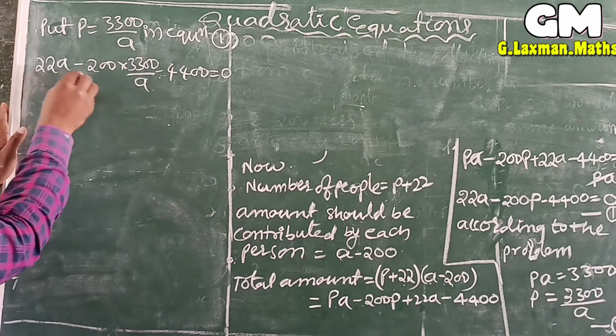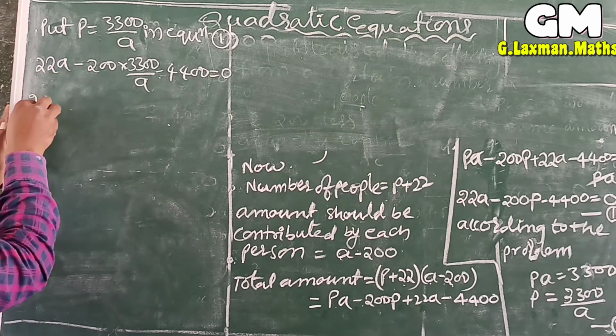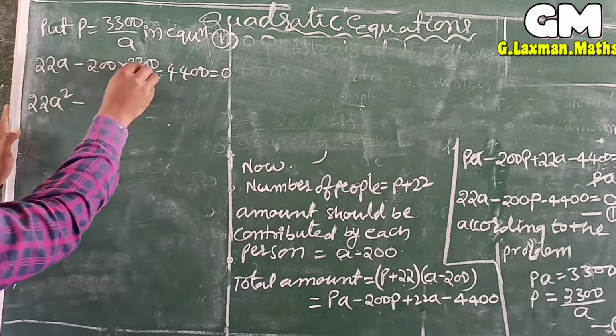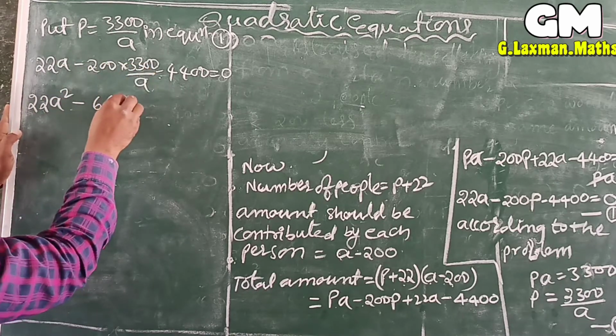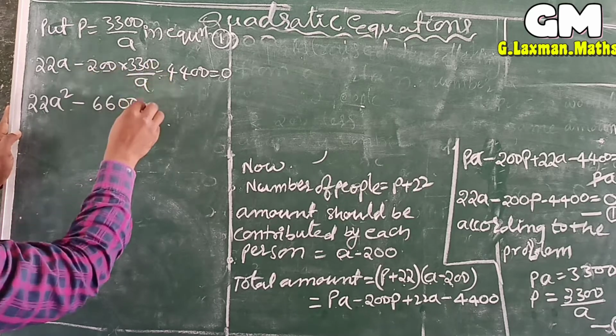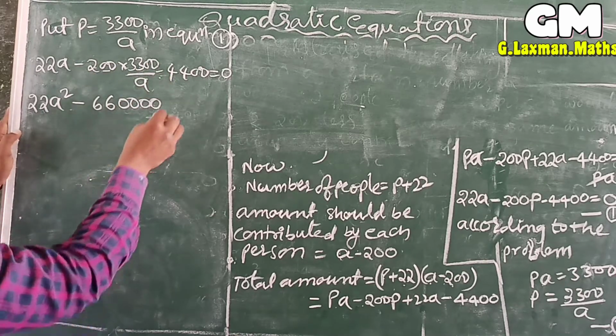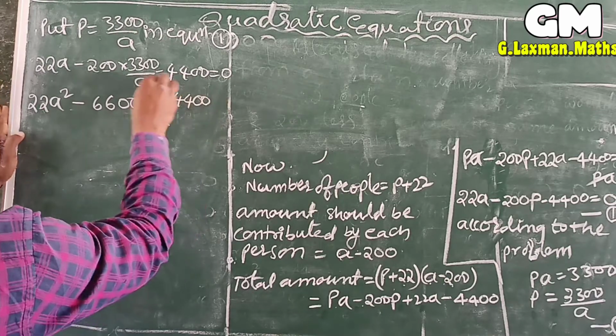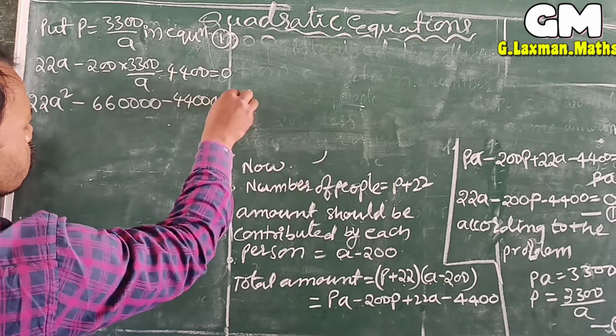Now multiply by A: 22A squared minus 2 threes are 66, and four zeros in total, minus 4400 into A is equal to 0.